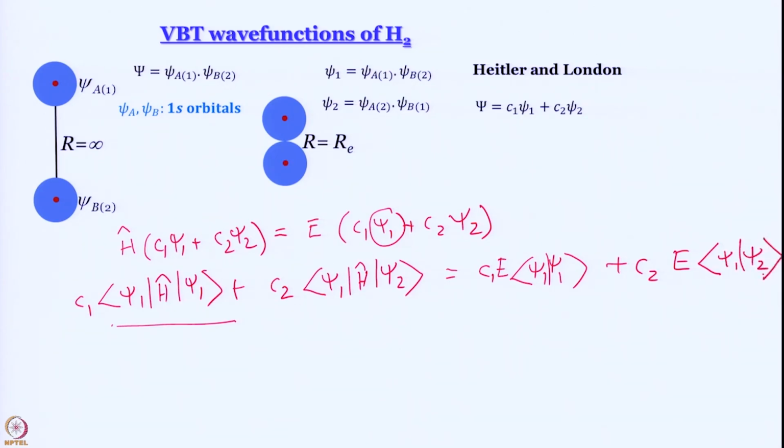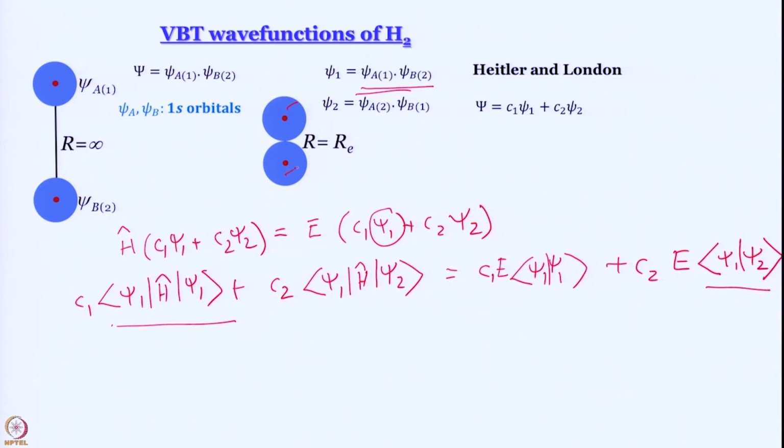Now, first thing is this is not equal to 0. This is very important to understand. Why is this not equal to 0? Because first of all, these are products of wave functions, and secondly we are talking about one 1s orbital of this atom and one 1s orbital of this atom.